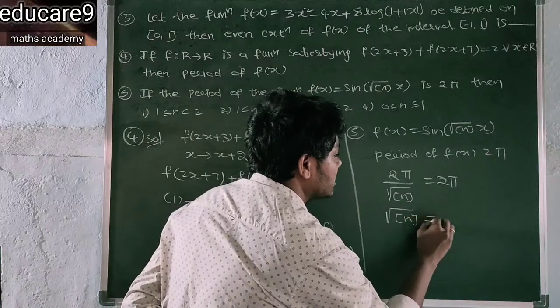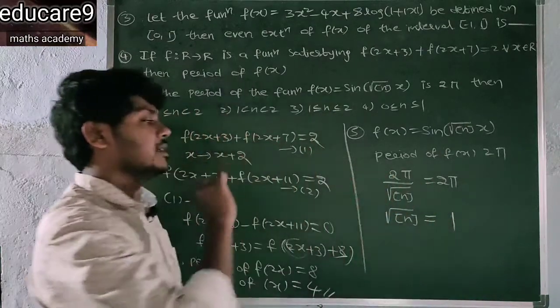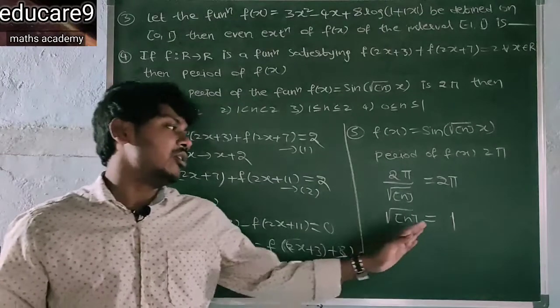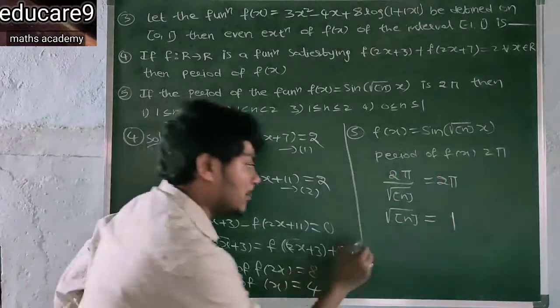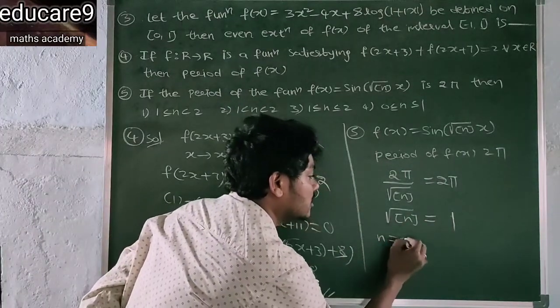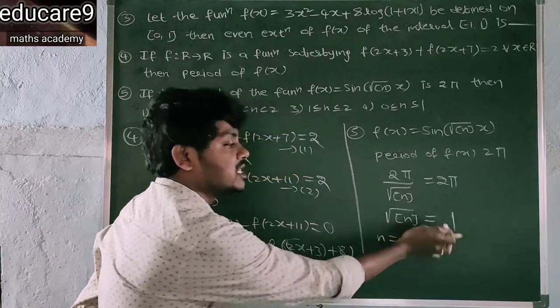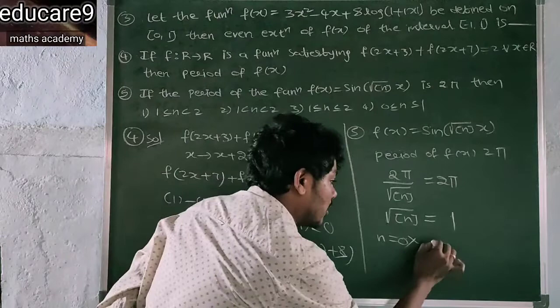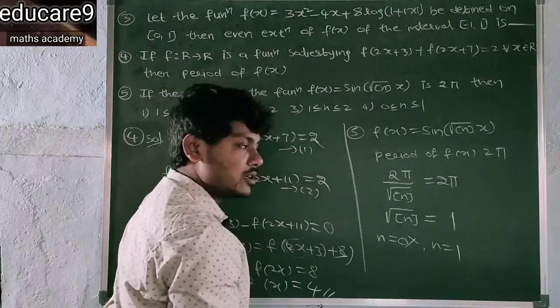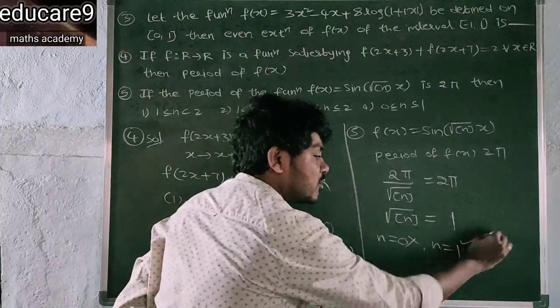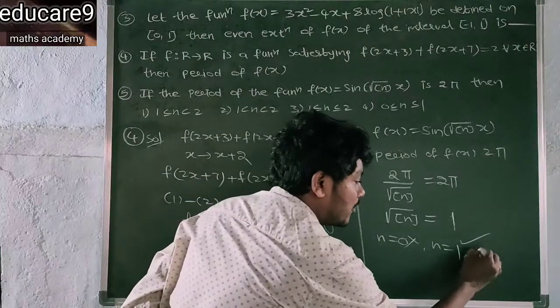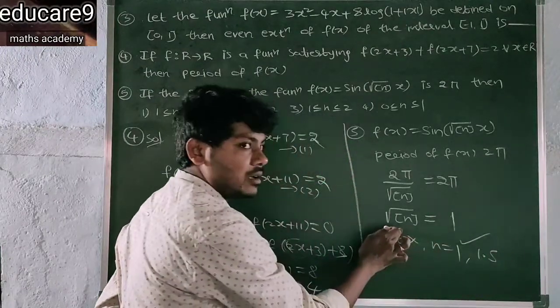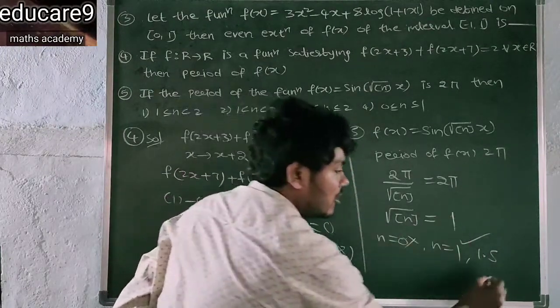So this value is how much? 1. So whenever this value is 1, for example n is equal to 0, the value of root 0 is 0, so this is not possible. For example n is equal to 1, root 1 equals 1, it is possible.